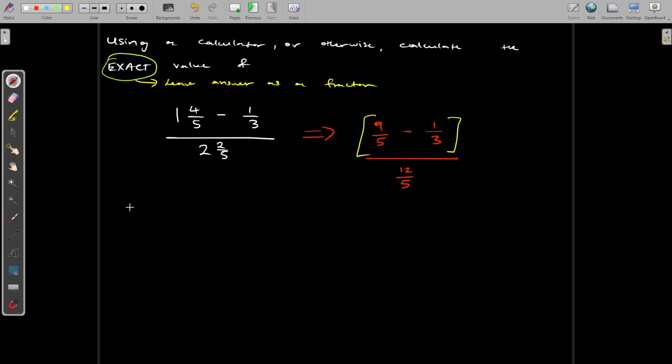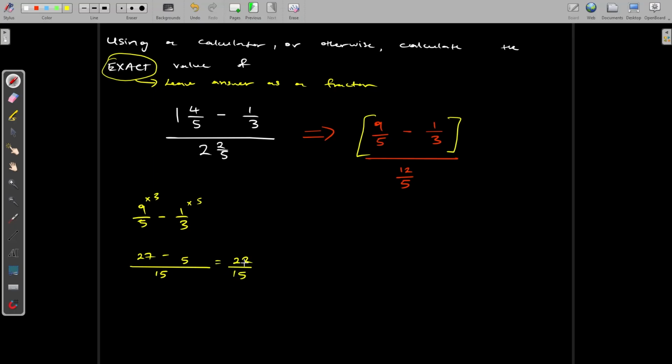So we write 9 over 5 minus 1 over 3. These aren't like denominators, so what do we need to find? LCM. And the LCM would be 15. So 5 into 15, 3, 9, 27, so that's 22 over 15.